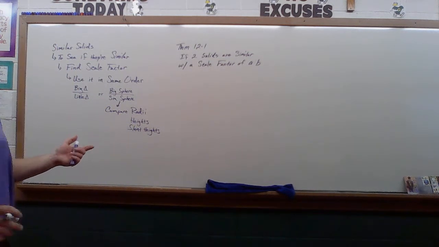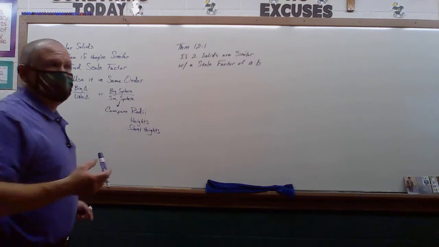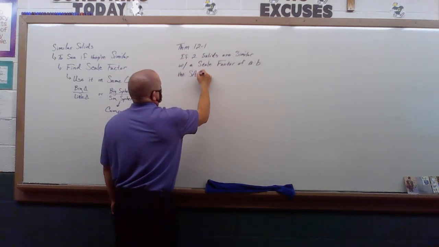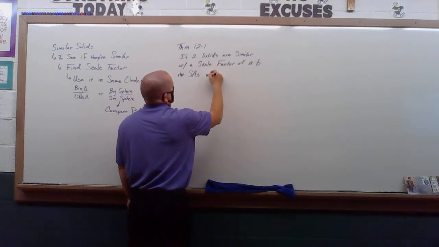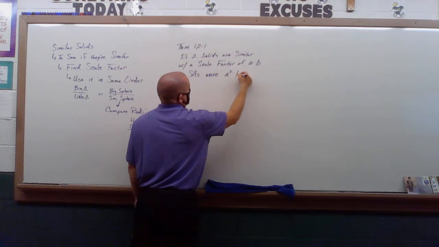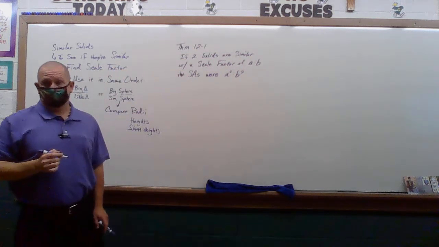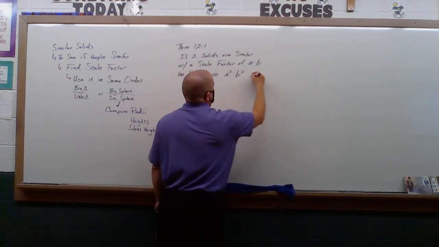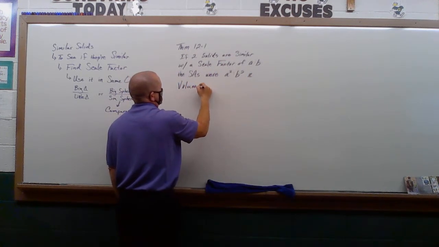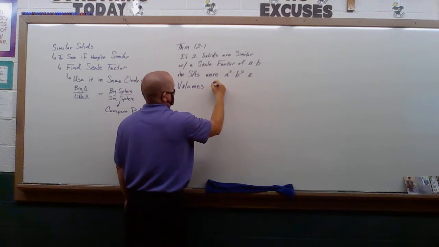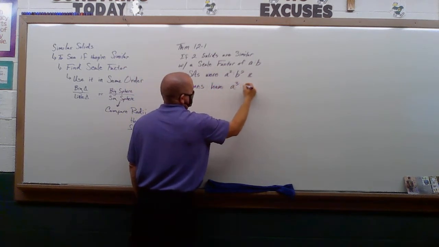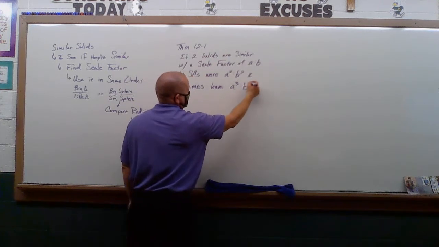It could be written using the word "to". All right? The surface areas have the scale factor of A squared to B squared. And now the volumes have the scale factor of A cubed to B cubed.